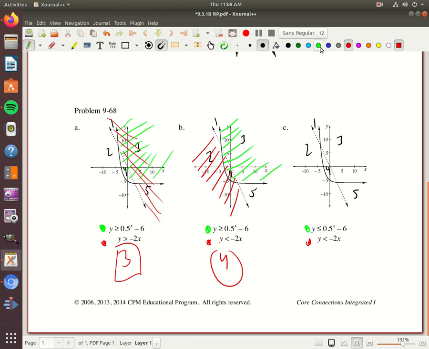And then finally, the last one, we will go to C. We're going below this time on the curve. And on the red, we're going below.